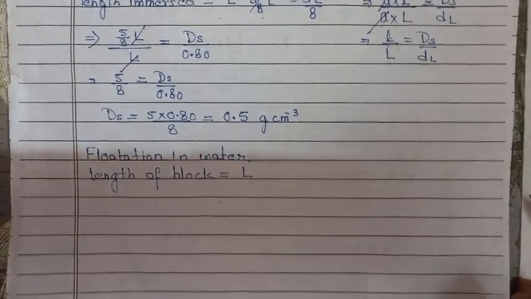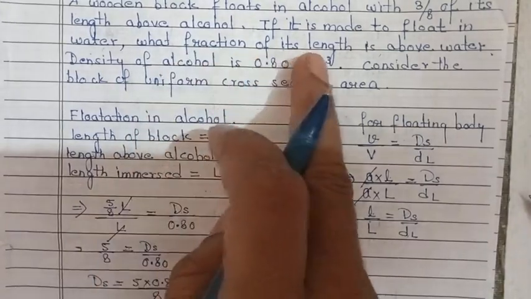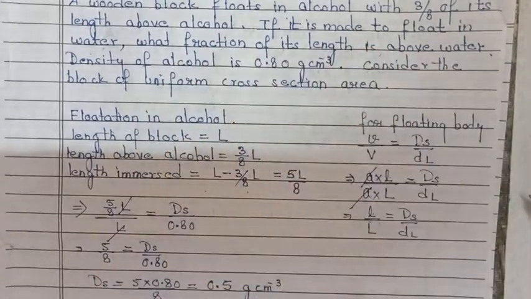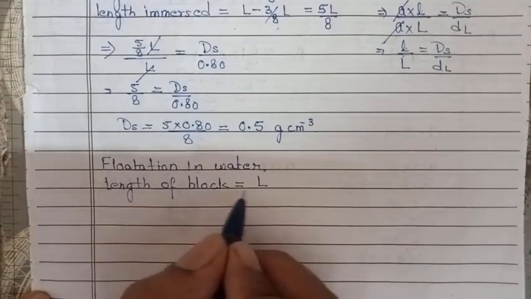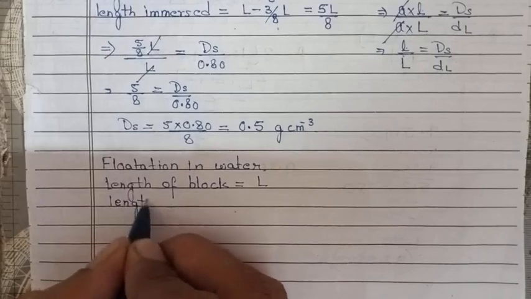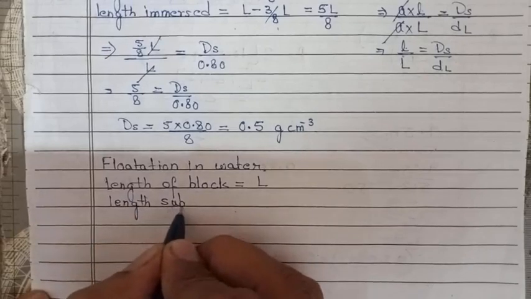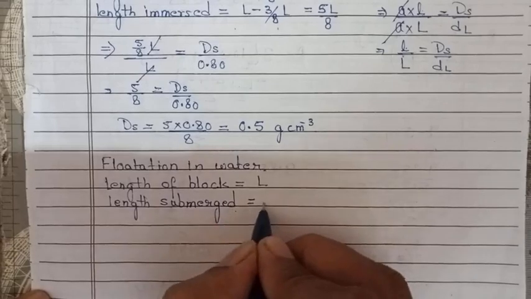But now they are asking what fraction of its length is above the water. So we have considered the length of block as L. Now we will consider the length submerged. It's not given to us, so let the length submerged be small l.